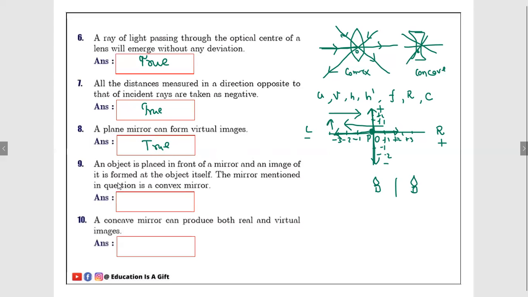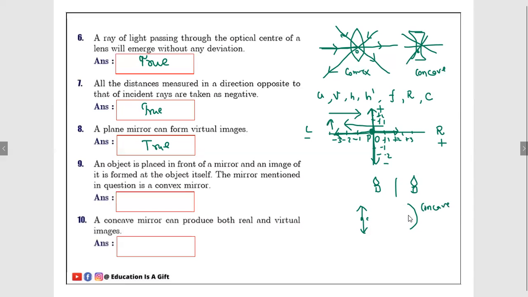Next, ninth one. An object is placed in front of a mirror. Okay, they are not saying whether it is concave or convex. And an image of it is formed at the object itself. So if you are placing an object, the image also should form at that point. Let us consider this is C and the image will be here, and definitely that mirror will be concave.